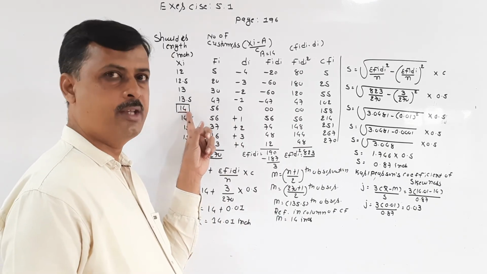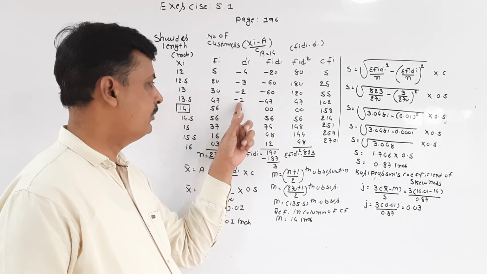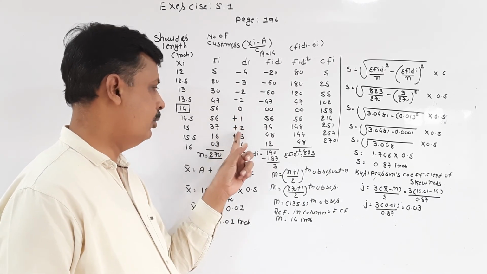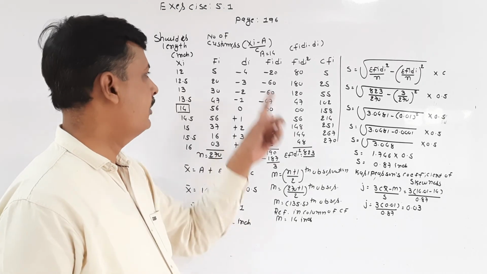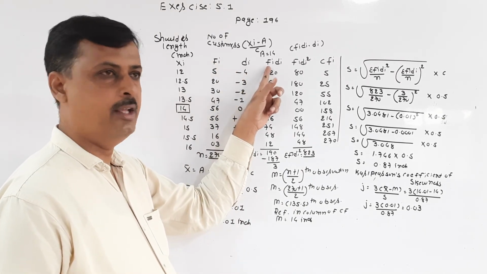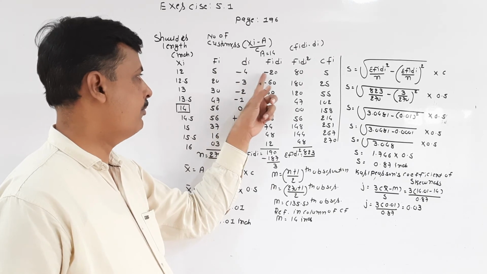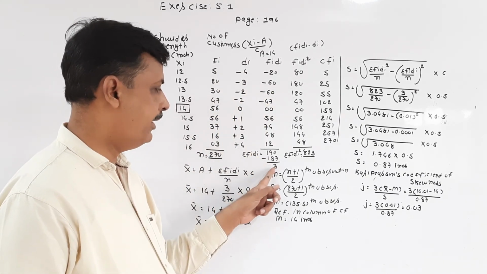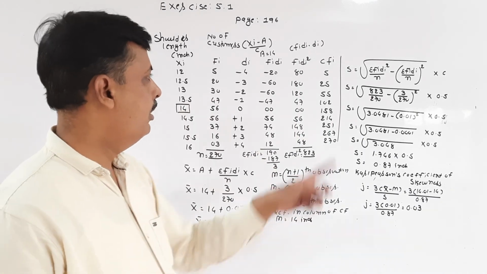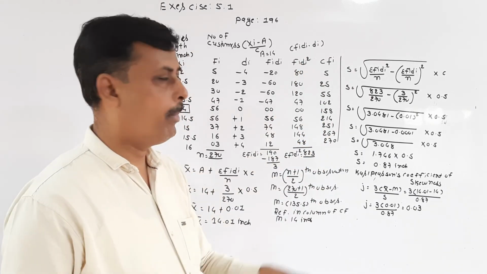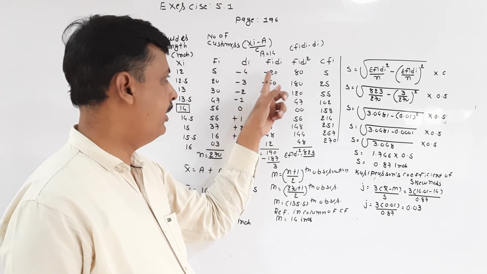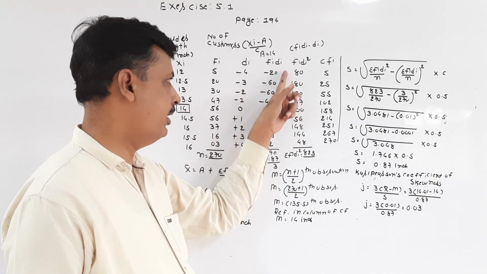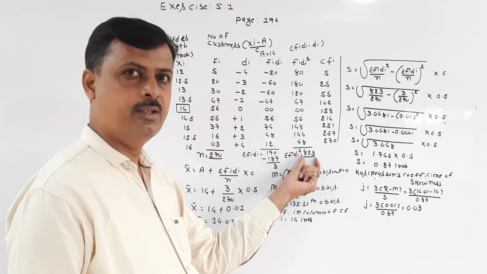So 14, the assumed mean, gives 0, then minus 1, minus 2, minus 3, minus 4, plus 1, plus 2, plus 3, plus 4. Now FiDi: 5 into minus 4 is minus 20, 20 into minus 3 is minus 60, and so on. So sigma FiDi is 3. Now FiDi square means FiDi into Di: minus 20 into minus 4 is 80, minus 60 into minus 3 is 180, and the total is 823.